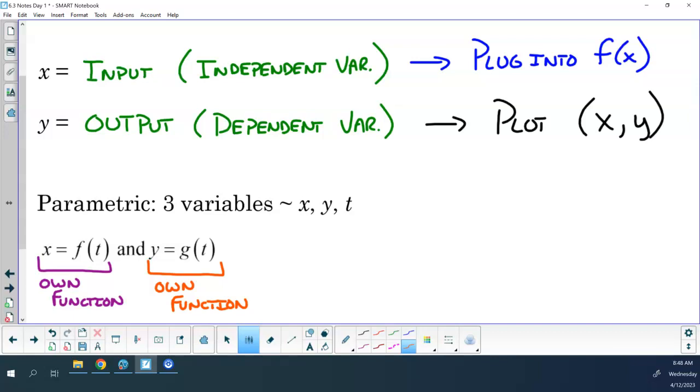So you might have something like t squared minus 9. And you might have 2t plus 1 if you're looking over at actually right below that. If you look right below that, those are the functions right down there. Okay? So you might have those functions as your definitions of what x is and what y is.